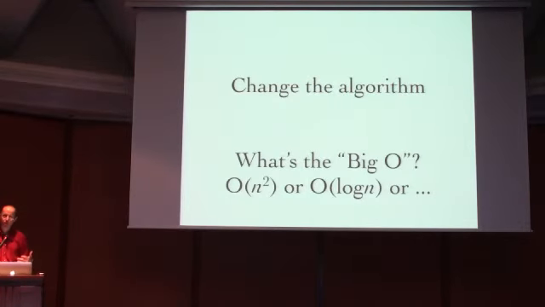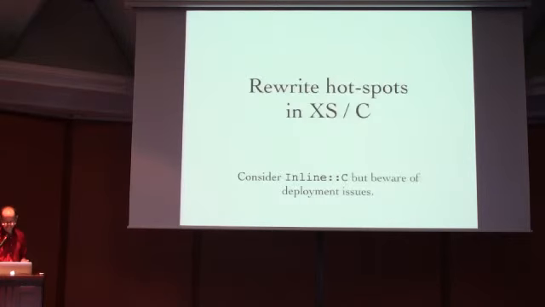Think about the algorithm. Is the way you're approaching the problem a good way? Is there just a better solution, a better method? Sometimes there'll be some really hot spots, a little bit of logic that's called many times, millions of times, billions of times. You can often get a big boost by changing that to be written in C code.